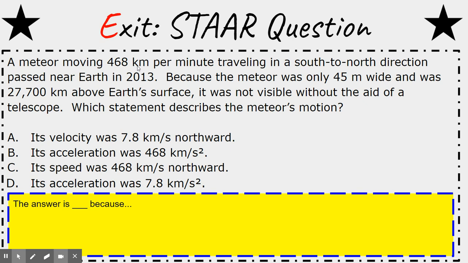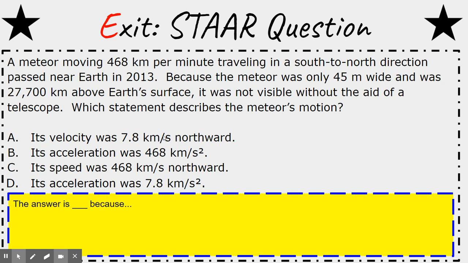So we have the meteor moving at 468 kilometers per minute, that's its speed. And we are given a direction, south to north. If we look at our answer choices, answer choice A is velocity was 7.8 kilometers per second. Now, these units are kilometers per second. Up here, our meteor is going kilometers per minute.